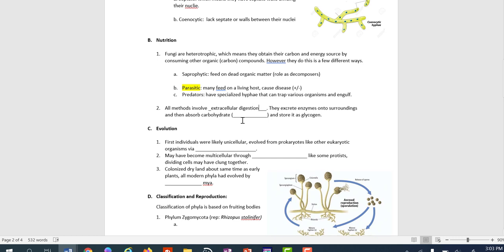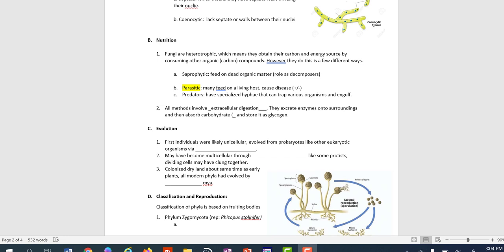Whenever you think of a fungus, lots of people, especially out in nature on the forest floor, see this slimy, glossy-like texture. That's because they're excreting this film of digestive enzymes, and those digestive enzymes break down the tree or the plant or whatever, and then they absorb the carbohydrate from that.